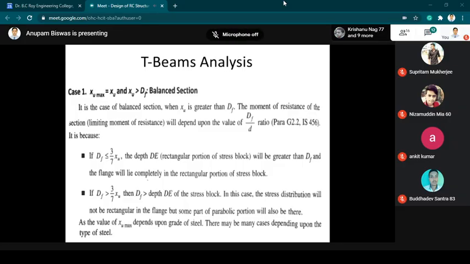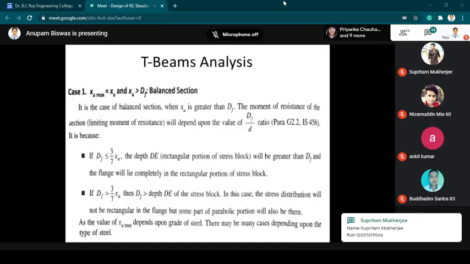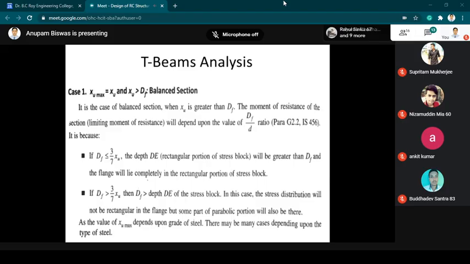So we have to check whether the value of DF is less than 3/7 XU. If the depth of the rectangular portion of the stress block is greater than the depth of flange, then this compression zone will completely lie on the rectangular portion of the stress block.